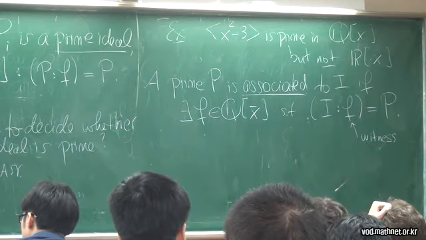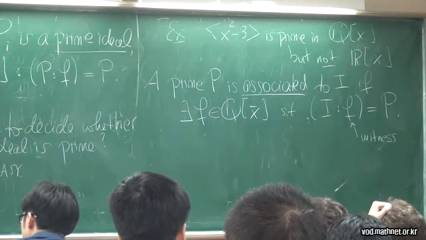So a given ideal I has at least one associated prime, and the total number of associated primes is a finite number. Okay, that's good. So we have a computational question. Given I, find the associated primes. Okay? Let's do an example.